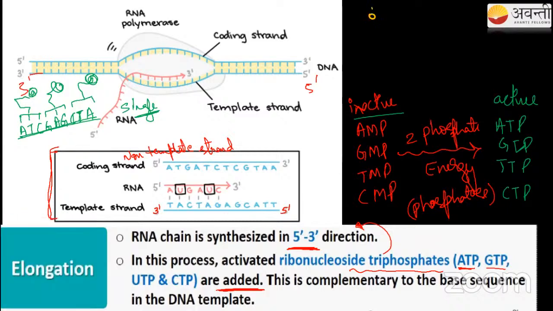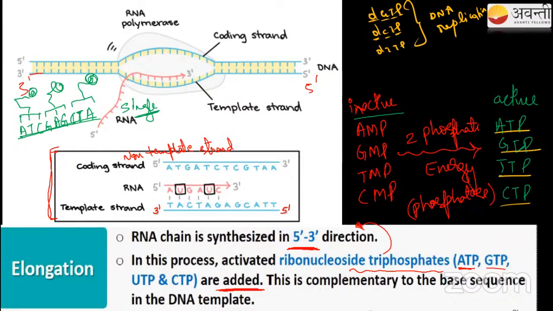That is dGTP, dCTP, dATP and dTTP. Always remember, in the DNA replication, we are using deoxyguanosine triphosphate and deoxycytidine triphosphate. But in the RNA, we are using adenosine triphosphate, guanosine triphosphate, uridine, and cytidine triphosphate. Okay, guys. Fine.